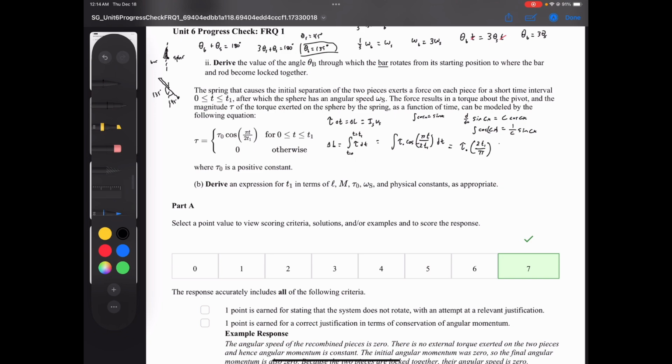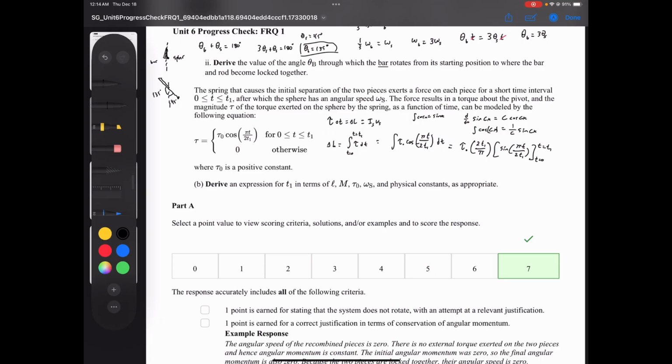These are my constants, and now I'm going to have to evaluate the integral. The integral of cosine is sine of pi times t over 2 t1. Then I'm going to evaluate that integral from t equals 0 to t equals t1.